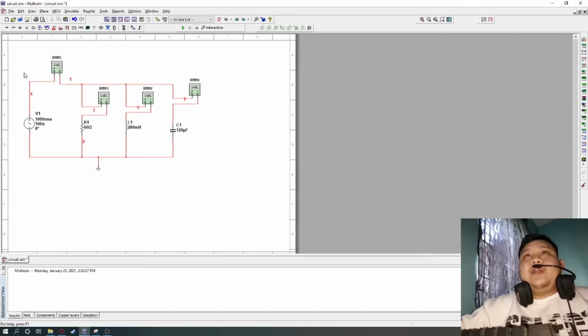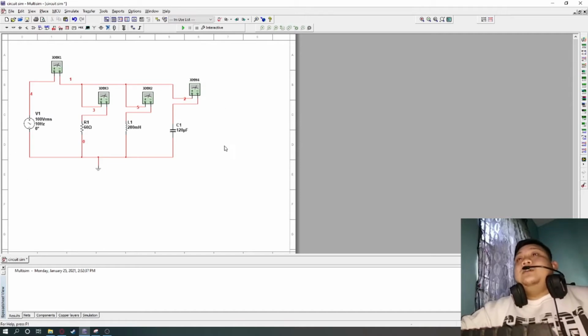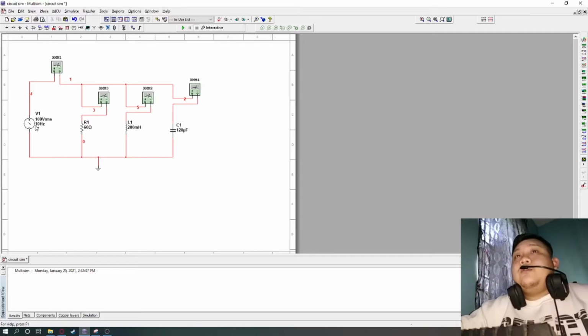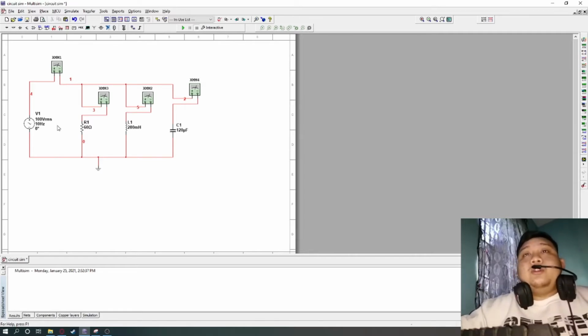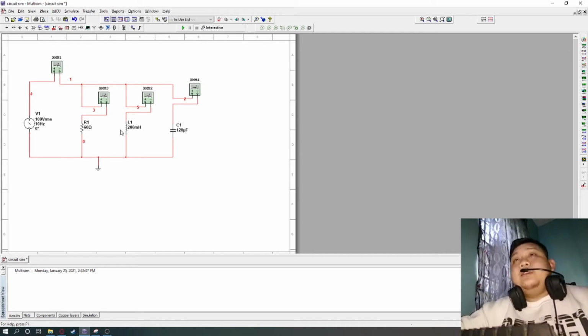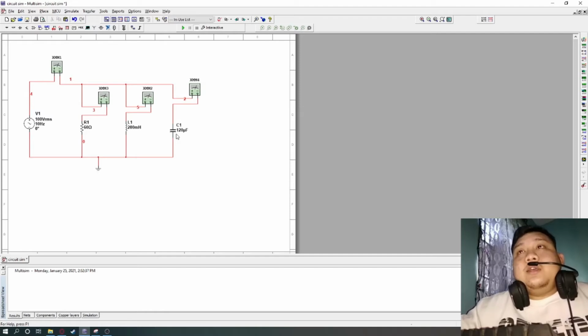So we're going to find out whether the circuit is in resonant state. For this circuit, I will be using VRMS as the voltage input, and the resistance, the inductance, and the capacitance.